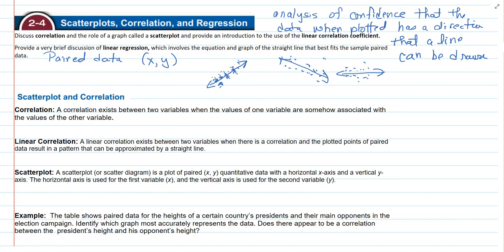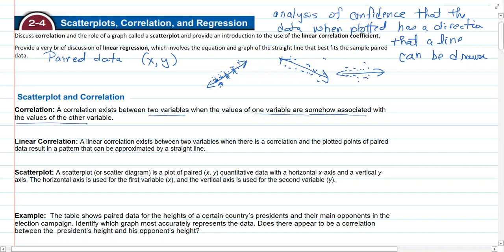So we're going to talk first about scatter plots and correlation. A correlation exists between two variables when the values of one variable are sometimes associated with the values of the other variable. In other words, there's a connection. Not a causation, but a connection.